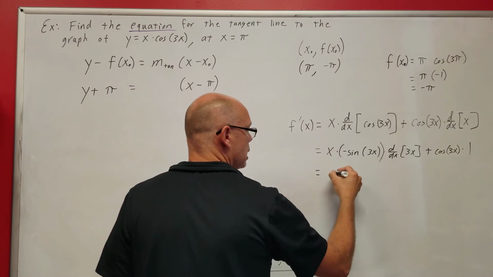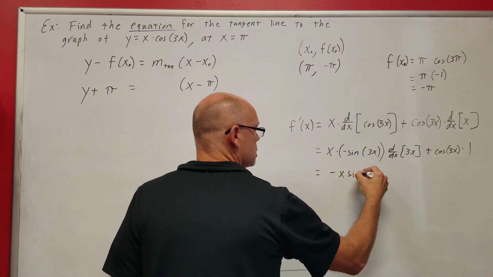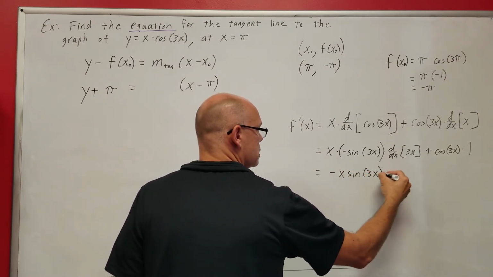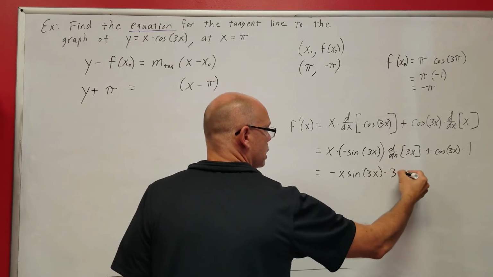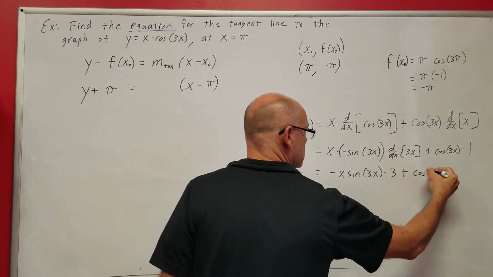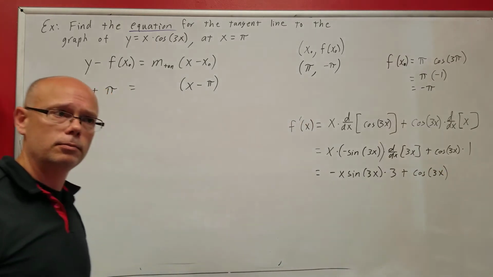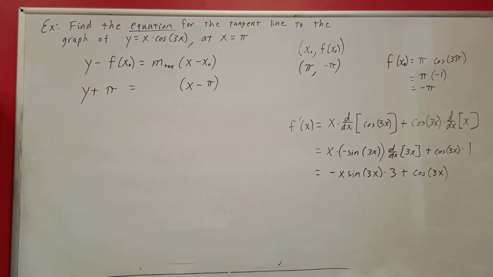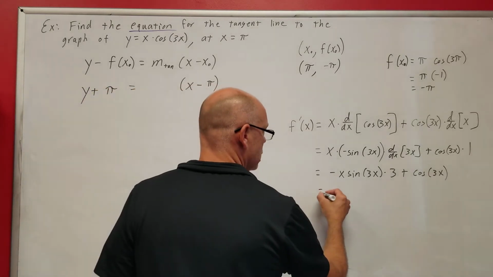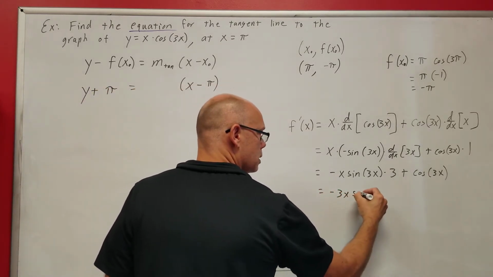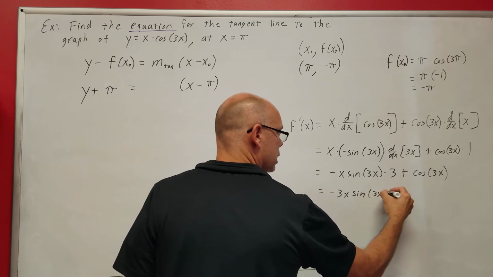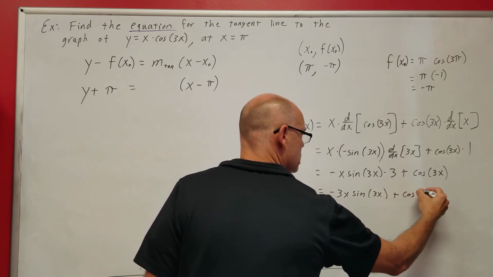So this gives me negative x sine of 3x times 3 plus cosine of 3x. That gives me negative 3x sine of 3x plus cosine of 3x.